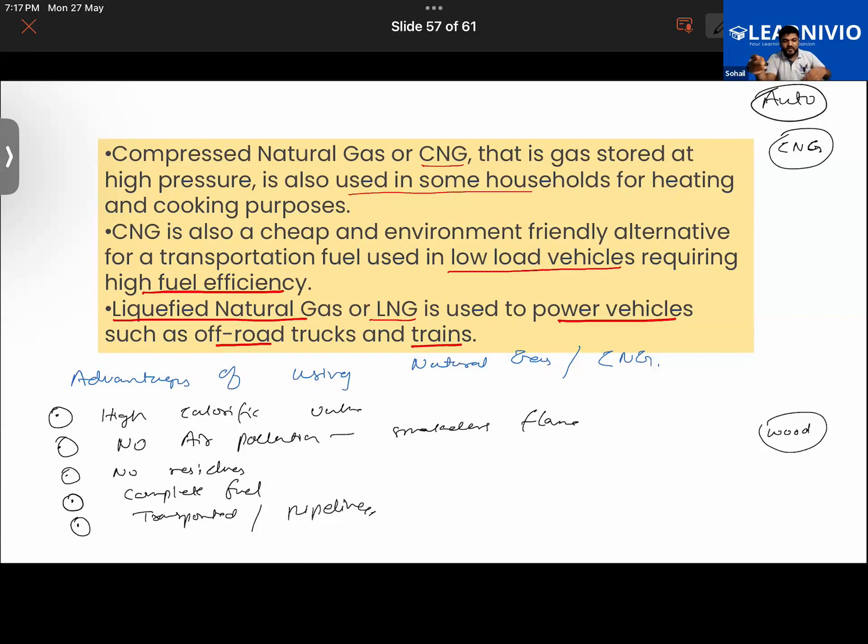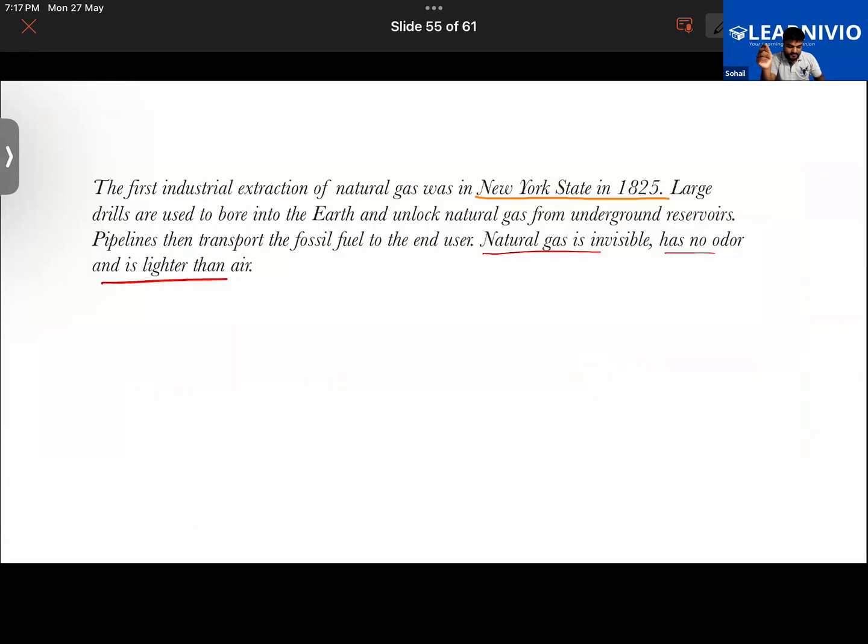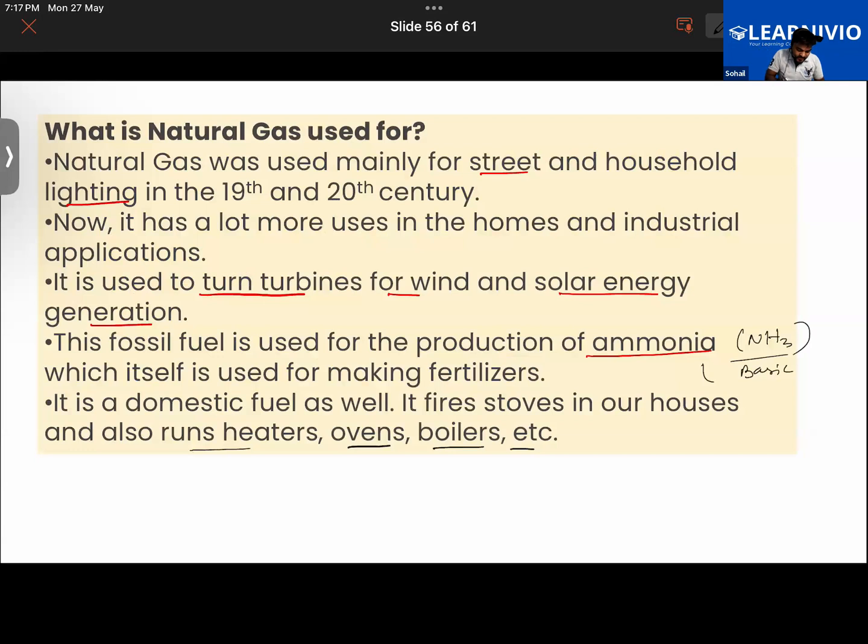Okay, now. So what basically happens when natural gas is heated? When the natural gas is heated strongly, the methane that is present in it decomposes, it breaks to form carbon and hydrogen.